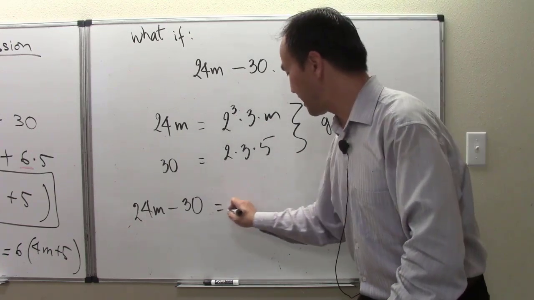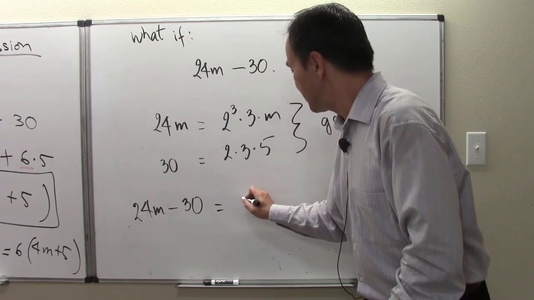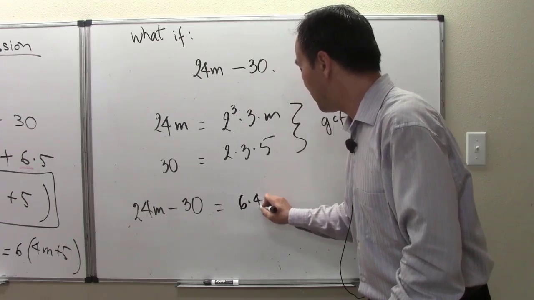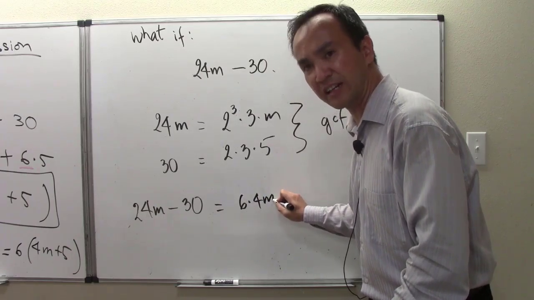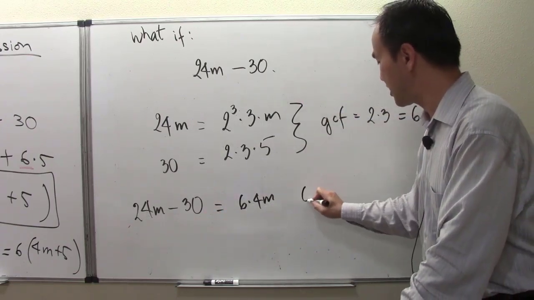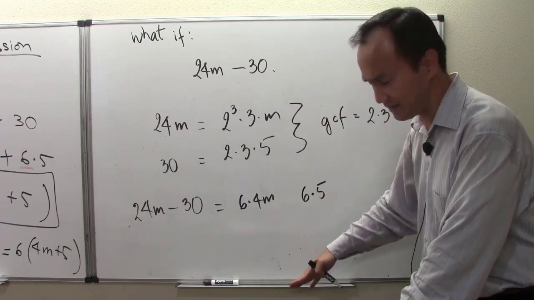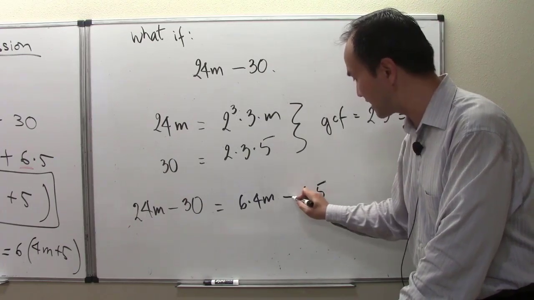And so I can again see that 24m can be expressed as 6 times 4m, and the exact same explanation can be done again. The other term, 30, can be expressed as 6 times 5. Everything really stays exactly the same, except for that sign.